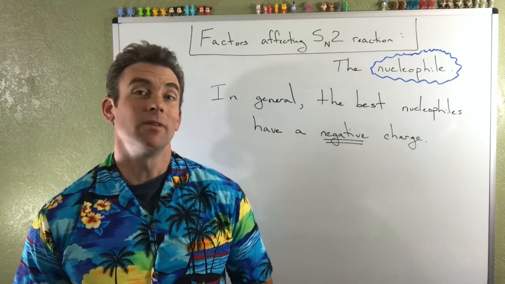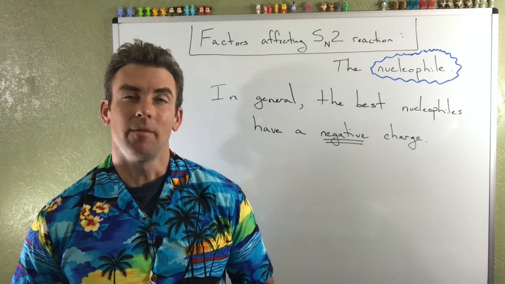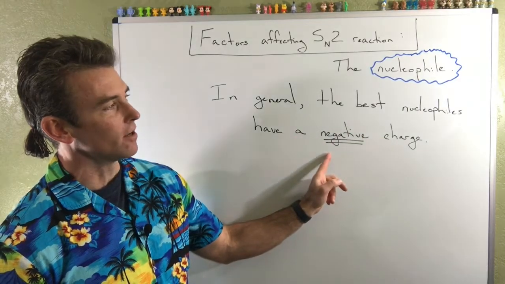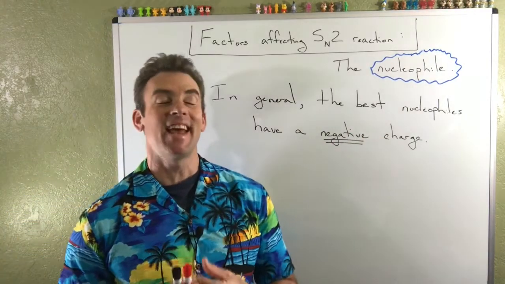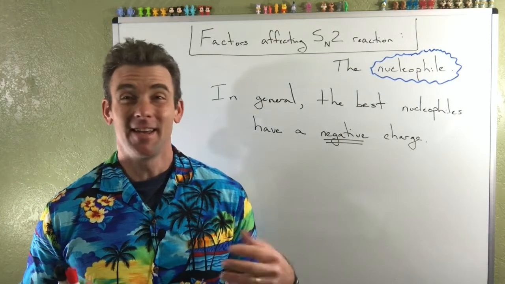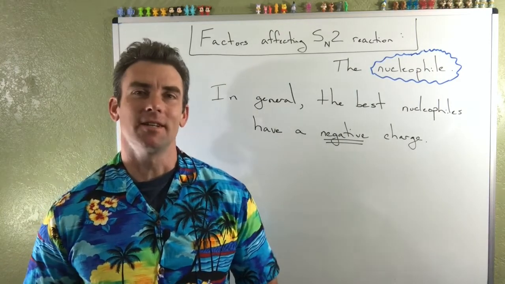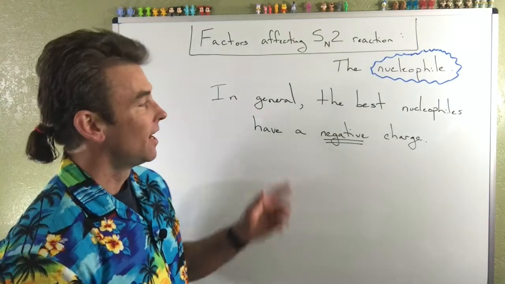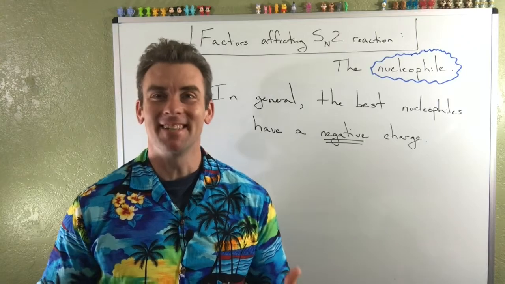One guiding principle in deciding whether something's a good nucleophile, it's a good idea to keep your eye out for a negative charge. That's not to say that everything with a negative charge is automatically a good nucleophile, but just to start off this crazy discussion somewhere, that's kind of what I always look at to begin with. And it wouldn't be a chemistry class if there wasn't an exception to this.